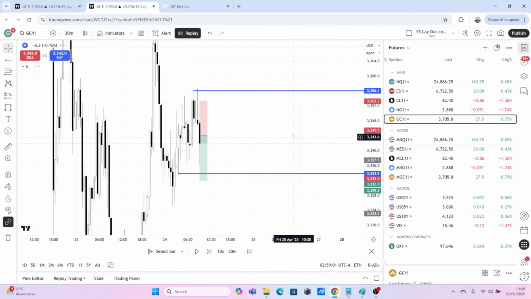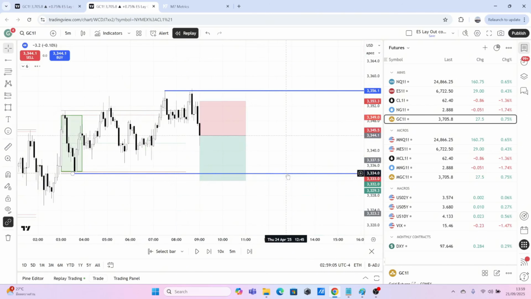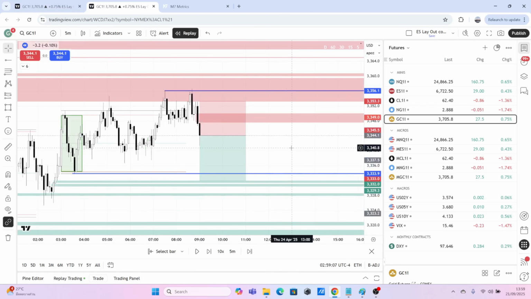Look on the 30-minute. Okay, nothing there. So 5-minute to me is really the best. If the 15-minute or the 30-minute or the hour haven't been traded to as well, then you can possibly trail to those deeper levels. But right now, that would be the trade I'd be looking at, this 5-minute untapped down here.